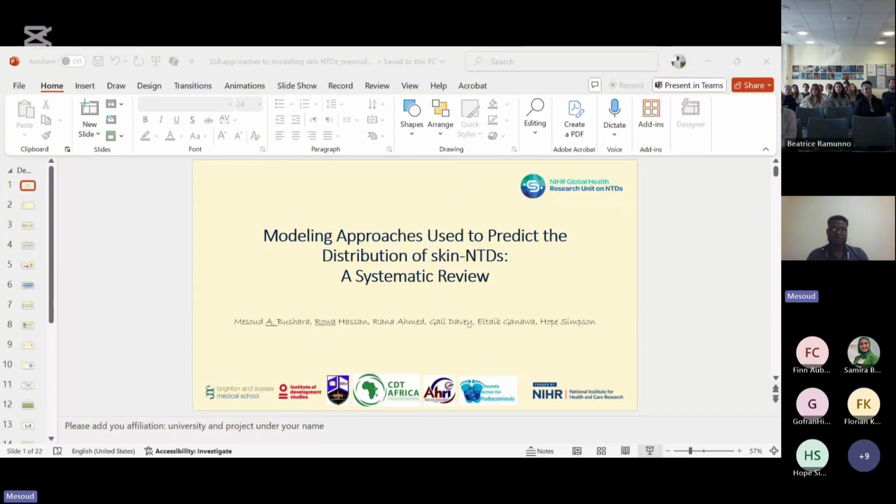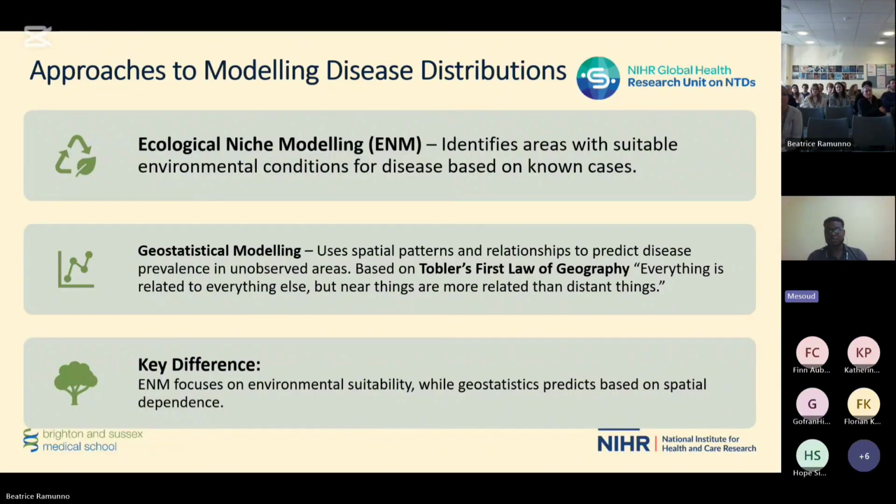The content of this presentation will be the introduction and aim, and the approach to modeling disease distribution. As said before, there are a lot, but the most common are two. Ecological niche model: this identifies areas with a certain suitable environmental condition for a disease based on known cases.